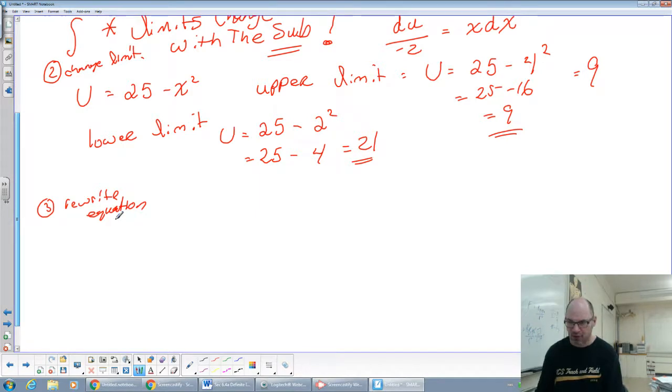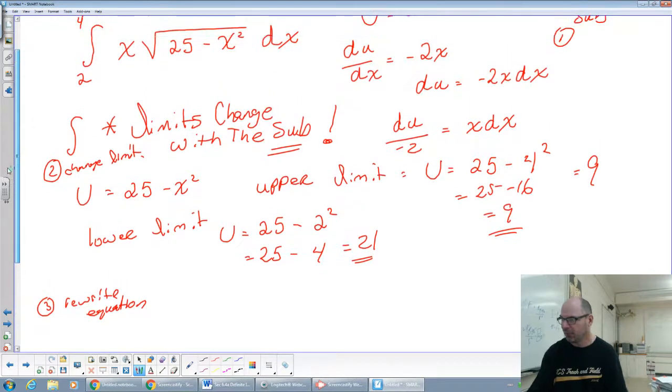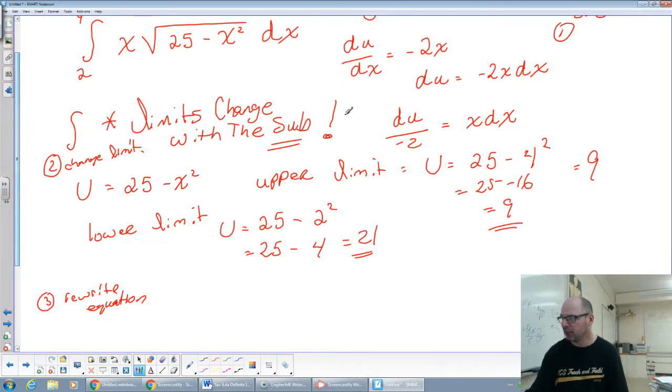If we're doing this carefully, we've got to put it all together here. Let's look back up. x dx is going to become du over negative 2, or negative 1/2 times du. So this becomes the integral with changed limits of 9 to 21 of u and negative 1/2 du.